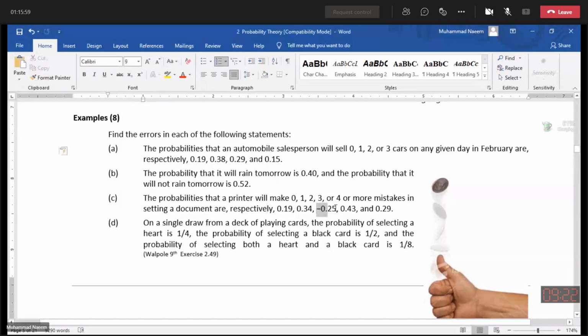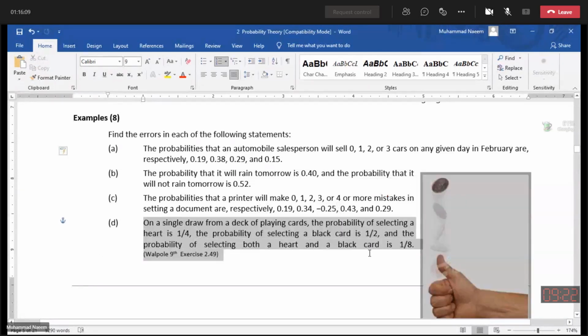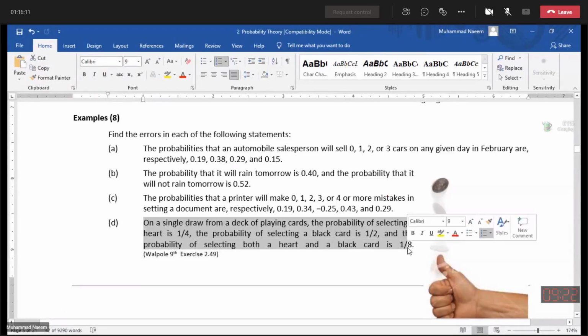But in this case, we have a negative probability. So this is an error. Also in this case, the probability of selecting a heart is 1 by 4, the probability of selecting a black card is 1 by 2, and the probability of selecting both a heart and a black card is 1 by 8.